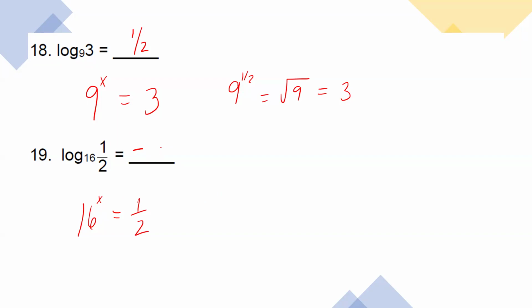How can 2 become a 16? 2 times 2 times 2 times 2. 4. There we go. It takes 4 2's to make what? 16. So it would have to be -1/4.